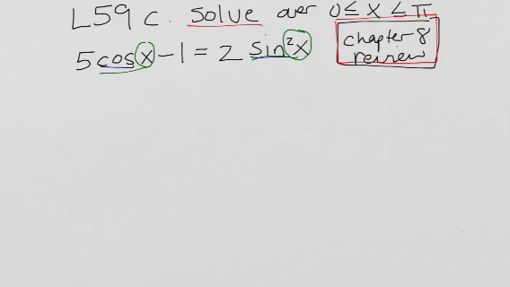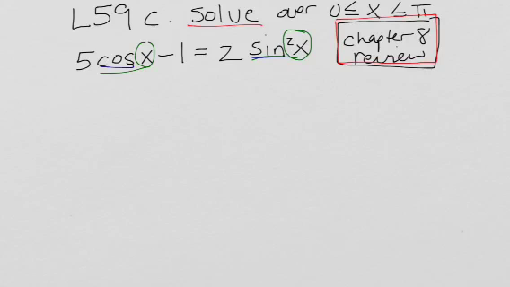So I do have a cosine identity that relates cosine to sine, but it's not a very convenient one. It's the one where the cosine of x is equal to the sine of 90 degrees minus x. And that's really not convenient, because that turns it into a sine of something that's not x.